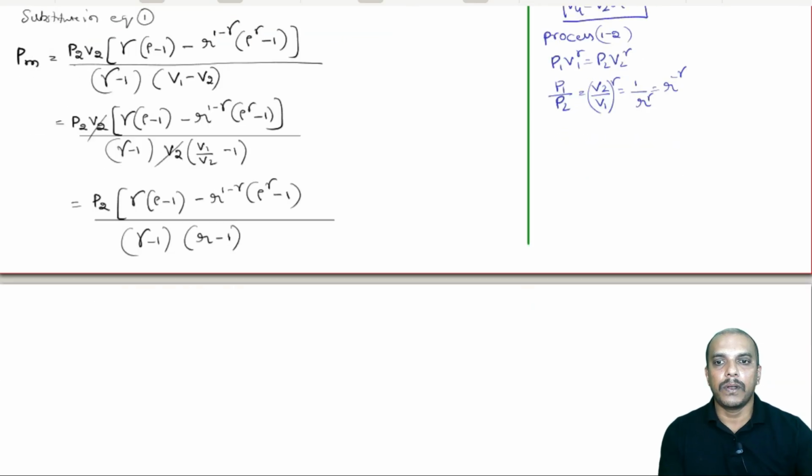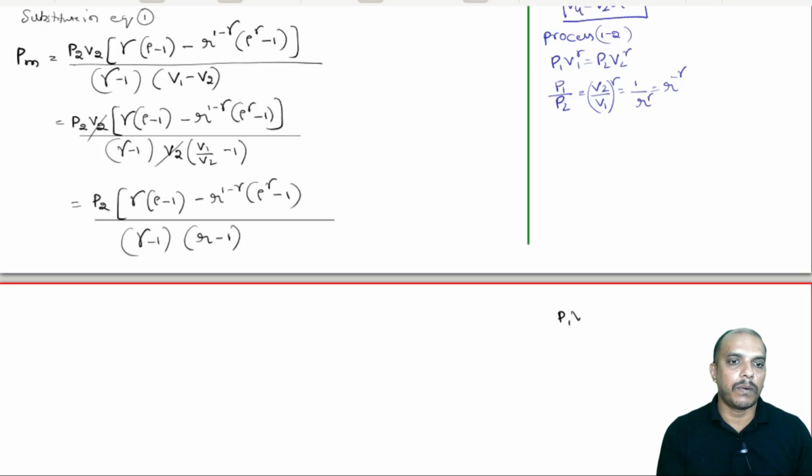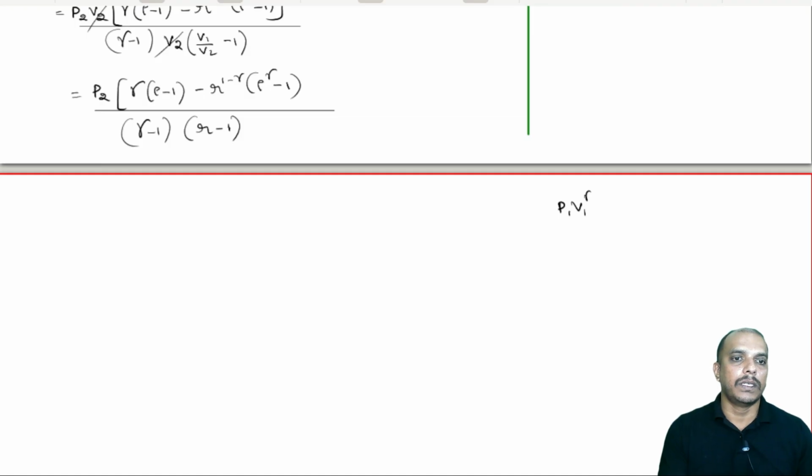Now, we can further simplify this. We know that P1 V1 power gamma is equal to P2 V2 power gamma. So therefore, P2 can be written as P1 times V1 by V2 whole power gamma. V1 by V2 is R, so P1 R power gamma.